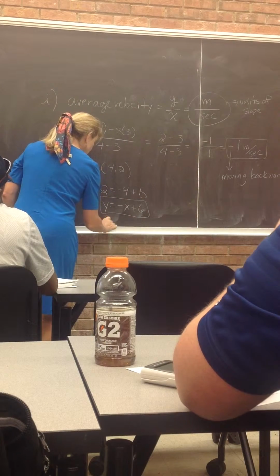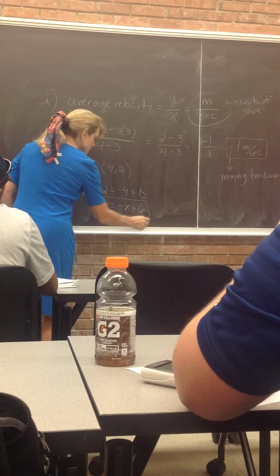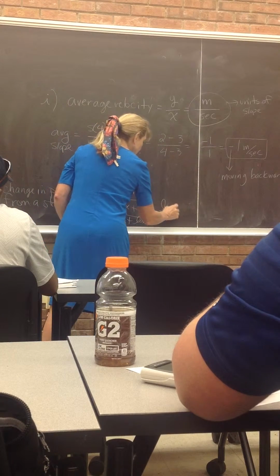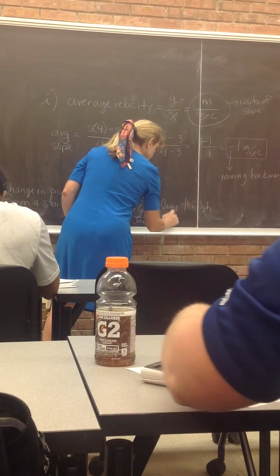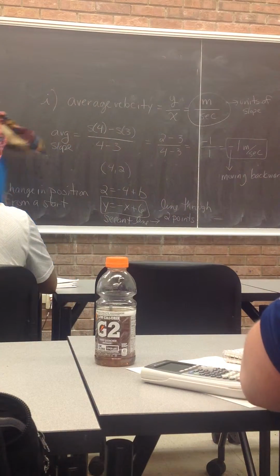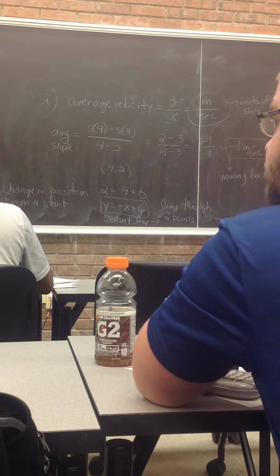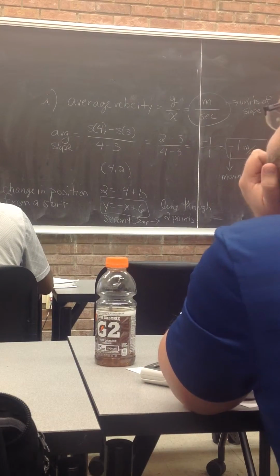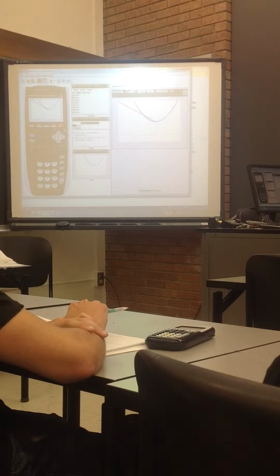Now a line through 2 points of a graph is called a secant line. So I'm going to graph -x plus 6, and you can see it slicing through there.